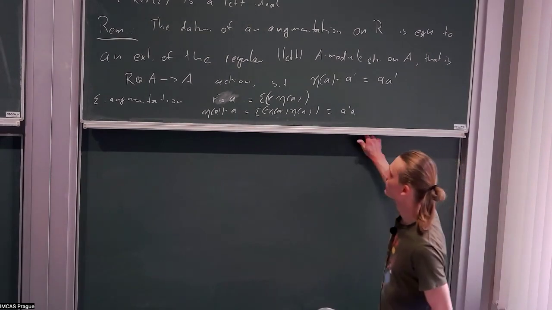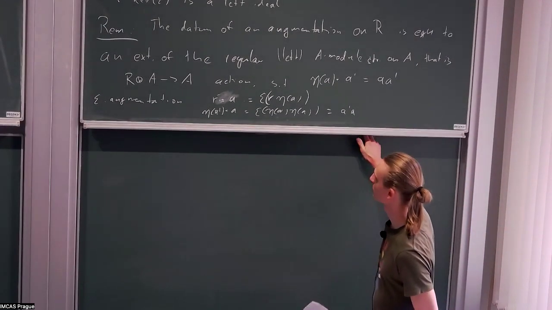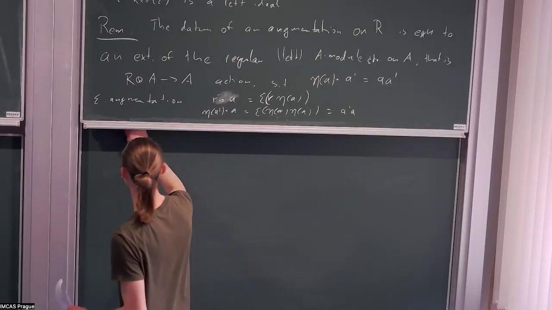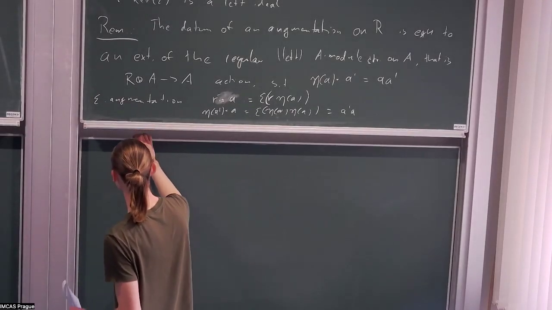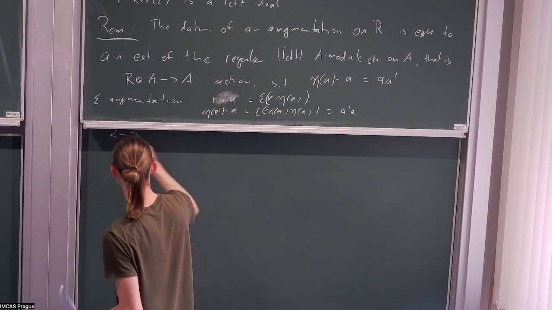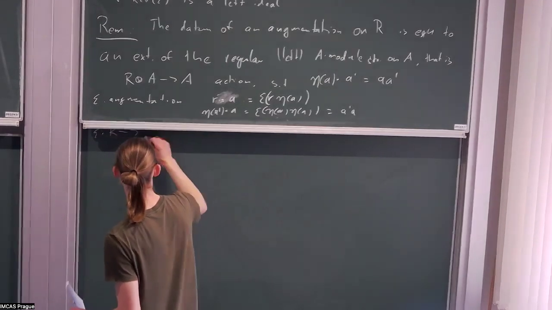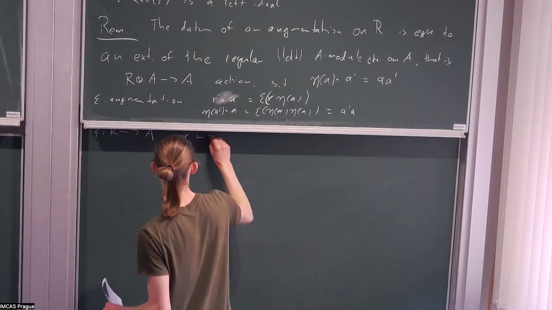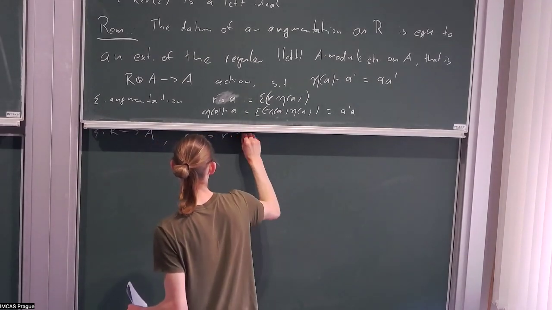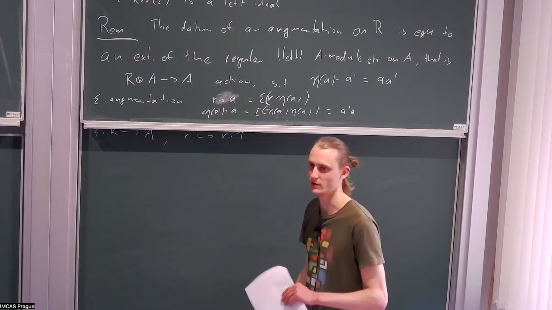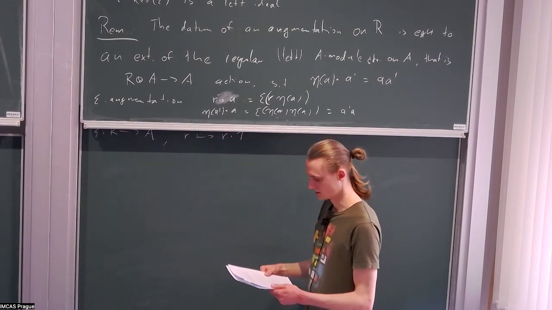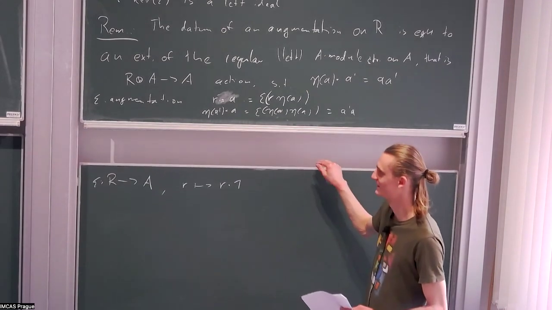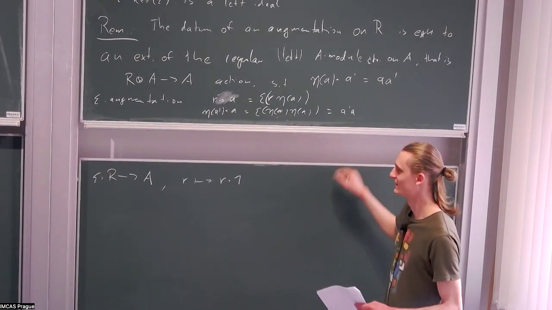Maybe for the converse, if you have such an action, there's only one thing you can do: you send r to r acting on 1, and this defines the character.